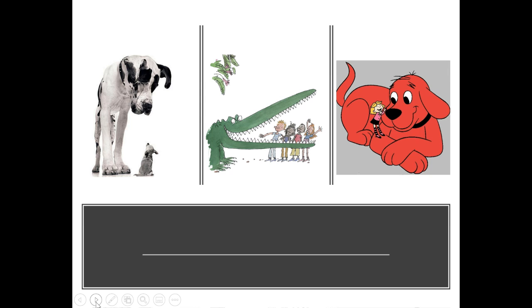In the next picture, I notice a super large alligator or crocodile and some tiny humans. And in the third picture, I notice Clifford, the big red dog, and his owner. So, how are these pictures the same or similar?